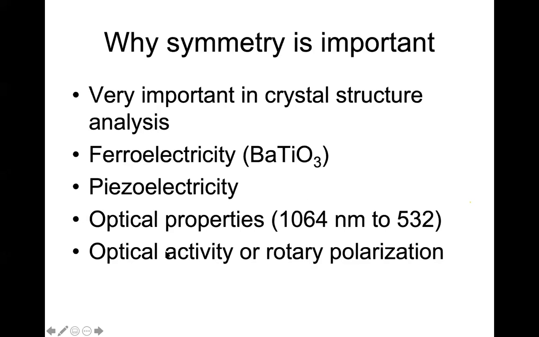It can also show optical activity or rotary polarization, which chemists know well. So if we have a non-centrosymmetric or polar material, a polar structure, you will have all these properties. If you have a centrosymmetric material like strontium titanate, you will not have these properties.